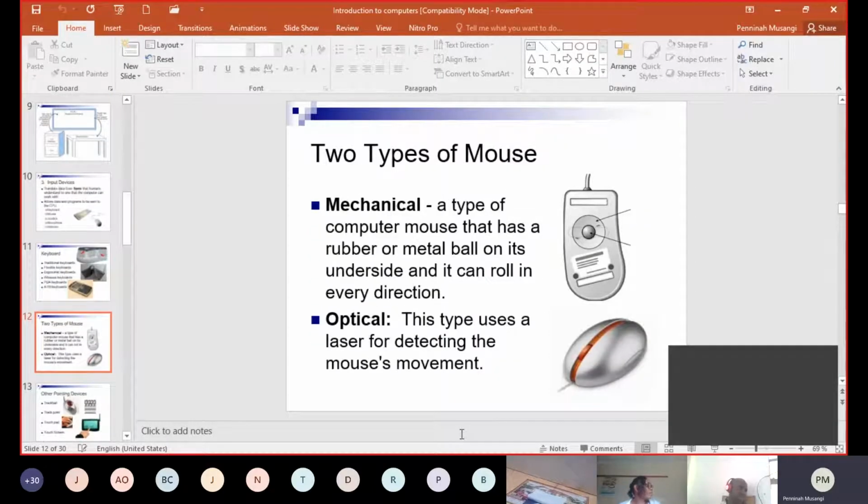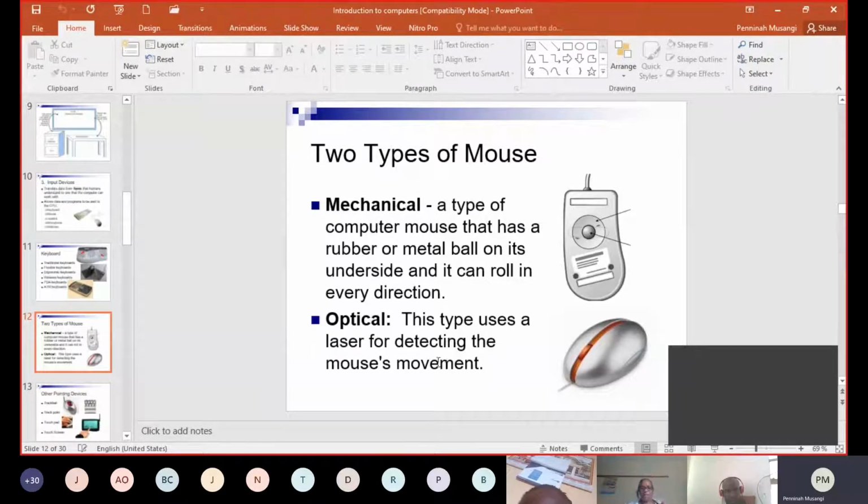When we talk about the mouse as an input device, we have also types. We have the mechanical, and for those, I know our class is mixed in terms of demographics, you might have seen this kind of mouse which had a ball, a rubber or a metal ball on the underside. And this ball is the one which was directing the mouse to where you want your instruction to be input.